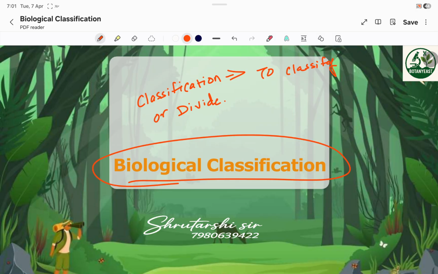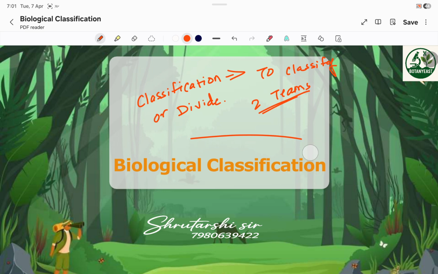Okay, suppose you have been given a task to form two teams. So how will you form two teams from your whole class? You will have a few criteria, right? Suppose you need to form a football team.